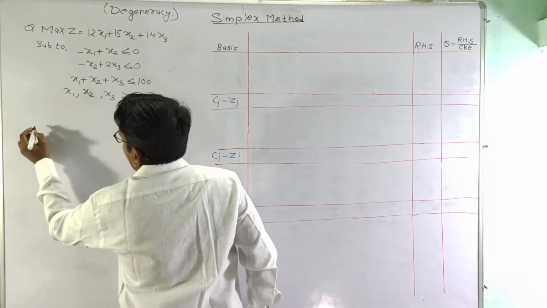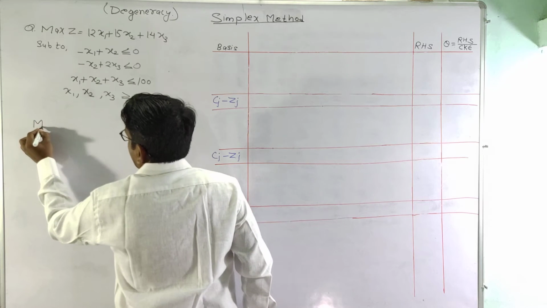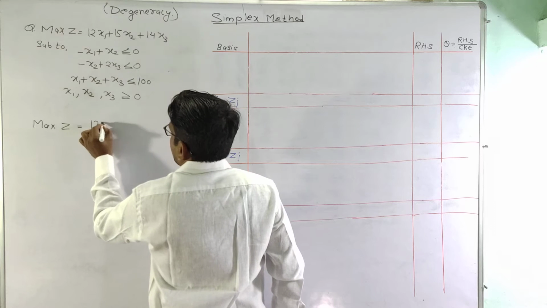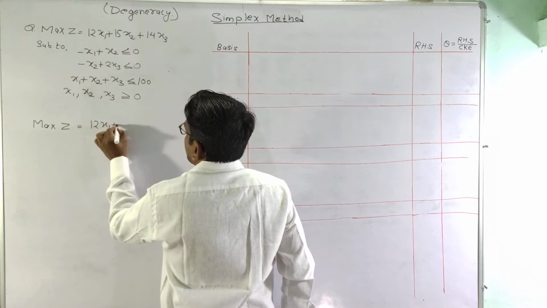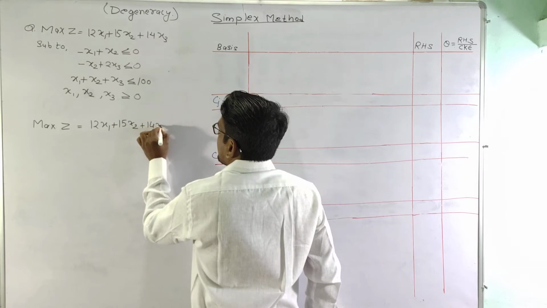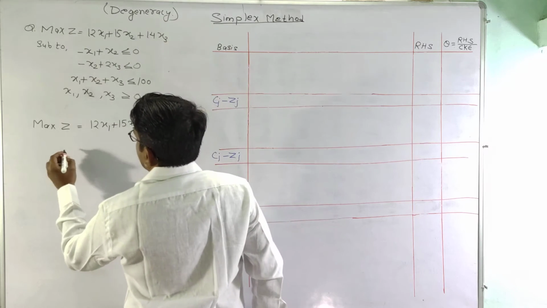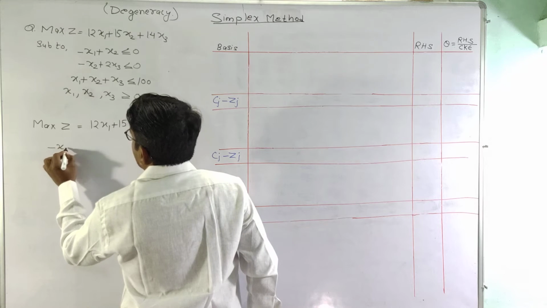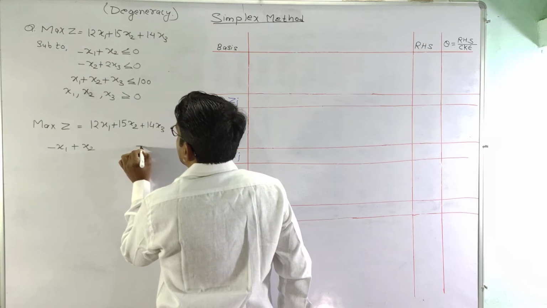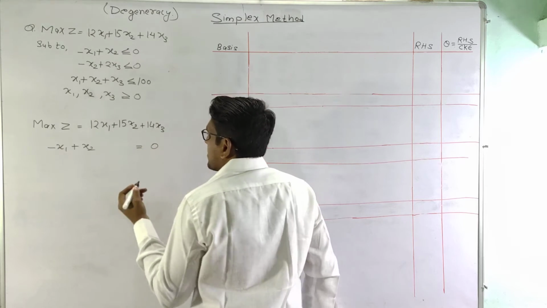So I am writing here again: maximize z equals 12x1 plus 15x2 plus 14x3, subject to constraints minus x1 plus x2 plus 0x3 plus s1 equals 0.